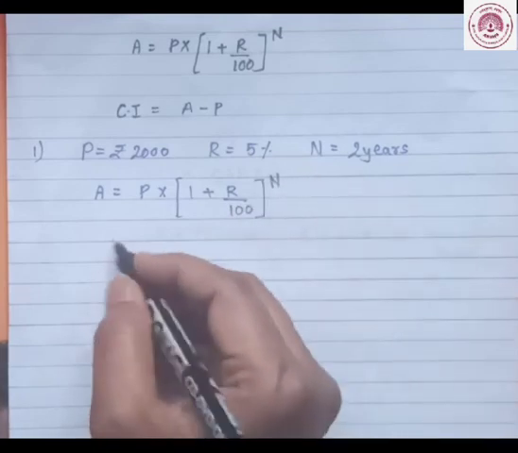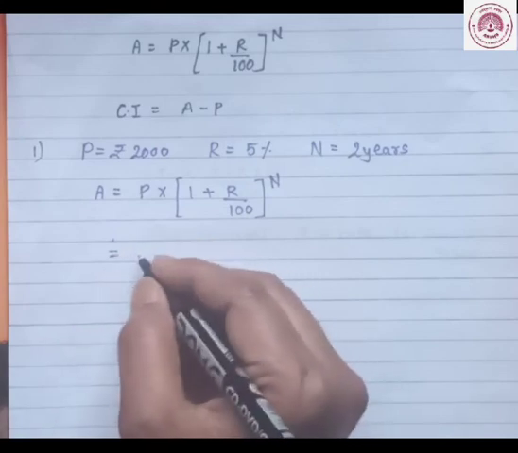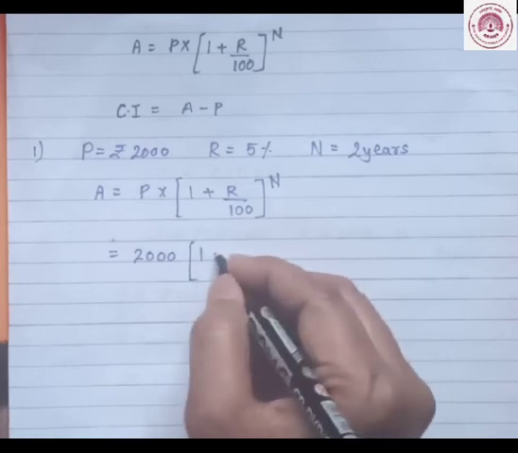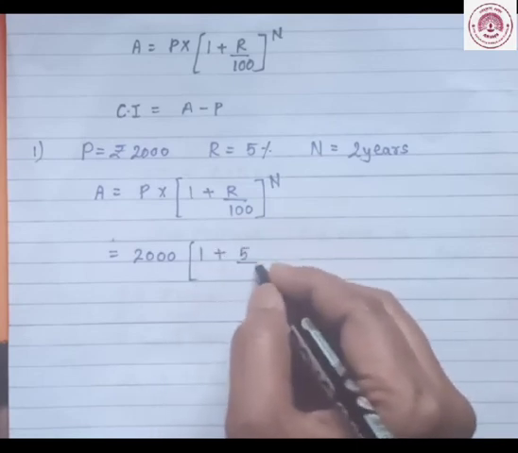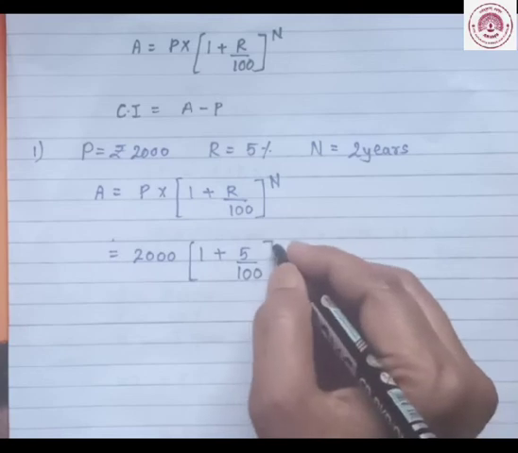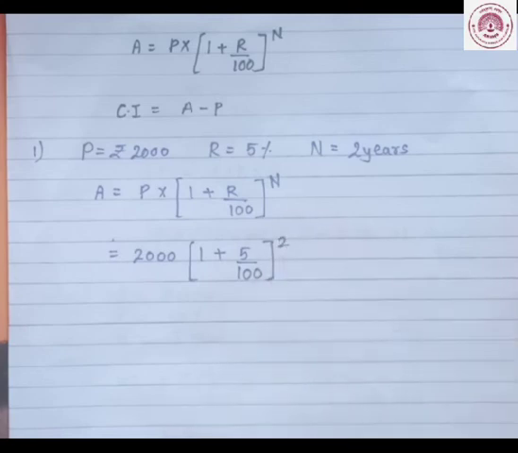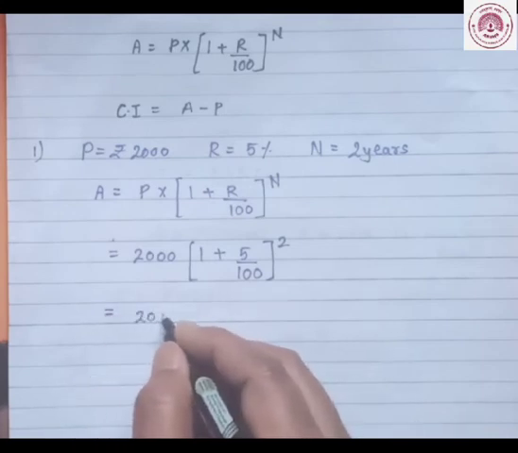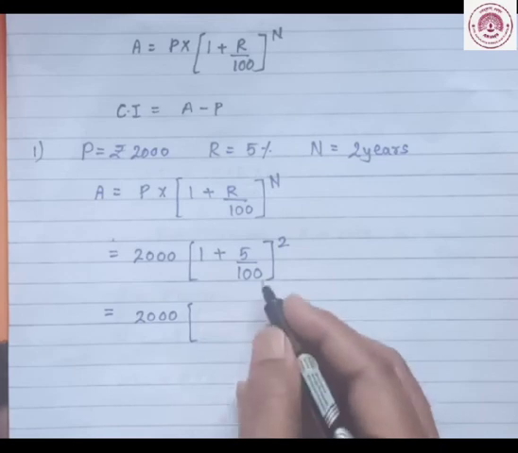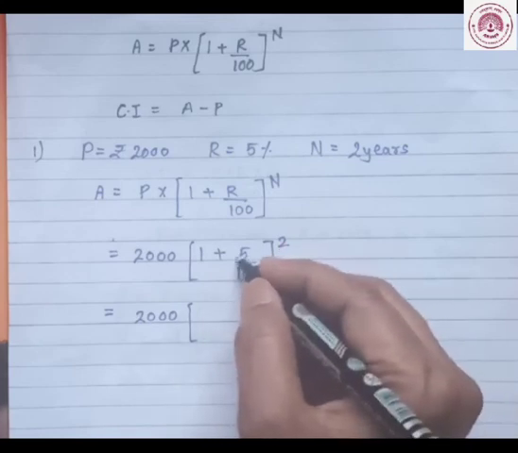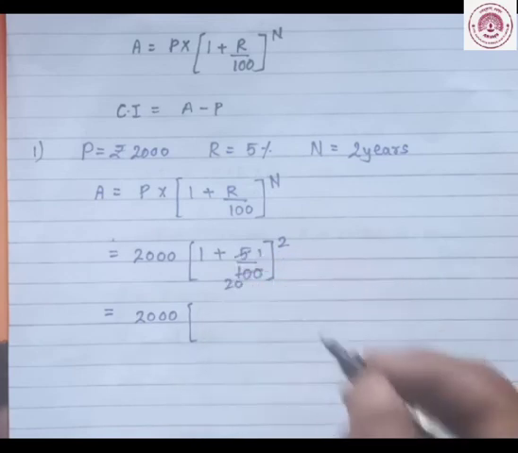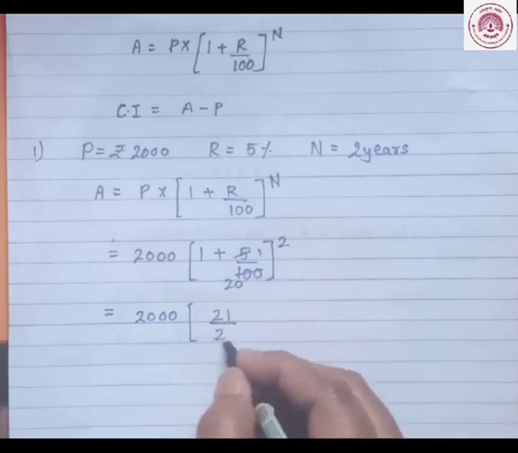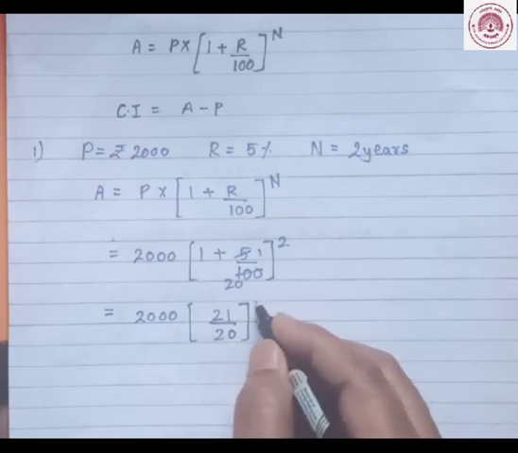Okay, so let's substitute the values. This is equal to P is rupees 2000 in bracket 1 plus R is 5%, so 5 upon 100, raised to power n is 2. So we have substituted all the given. Now we will solve it. So we can write this as 5 1 times, 5 20 times. So we will get 21 upon 20 square.